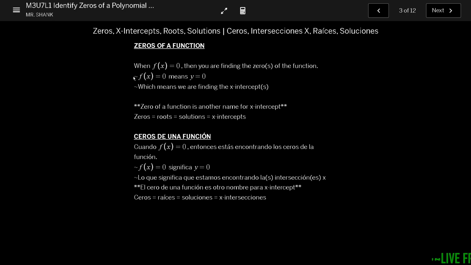It's just saying when f of x, being in that function, is set equal to 0, or just finding the zeros of that function. Again, when f of x equals 0, it just means y equals 0, same idea. And we're just trying to find those x-intercepts. So a zero of a function is another name for those x-intercepts. So the zeros, the roots, and solutions are all the same thing as x-intercepts.